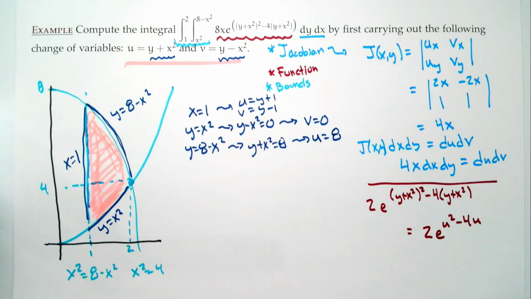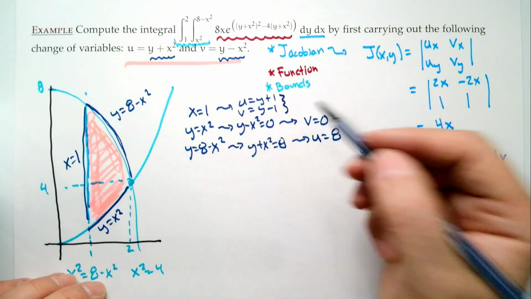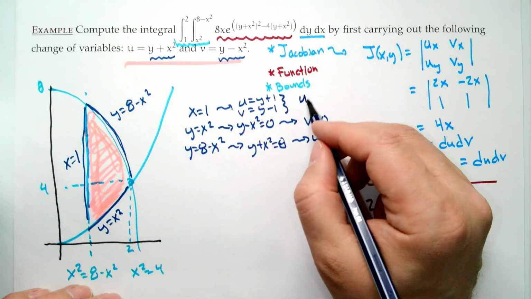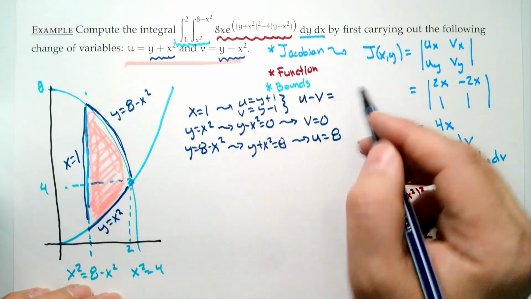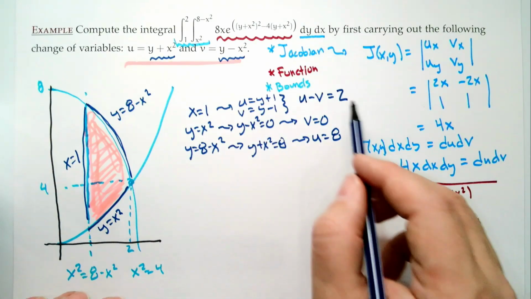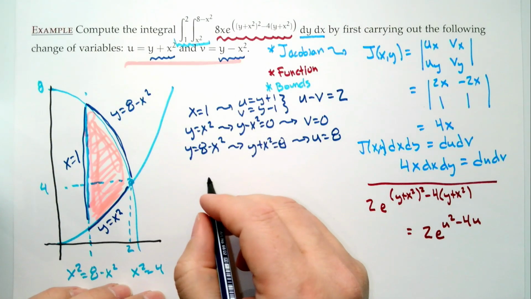An easy way to do that in this case is to solve for y and substitute. Here I'll do a subtraction: u subtract v is y plus 1 subtract y minus 1, which will be 2. So these three curves, u minus v equals 2, v equals 0, and u equals 8, are now my bounding curves. I'm getting close to the point where I actually do integration, because it's not just setting up, we've got to compute it.